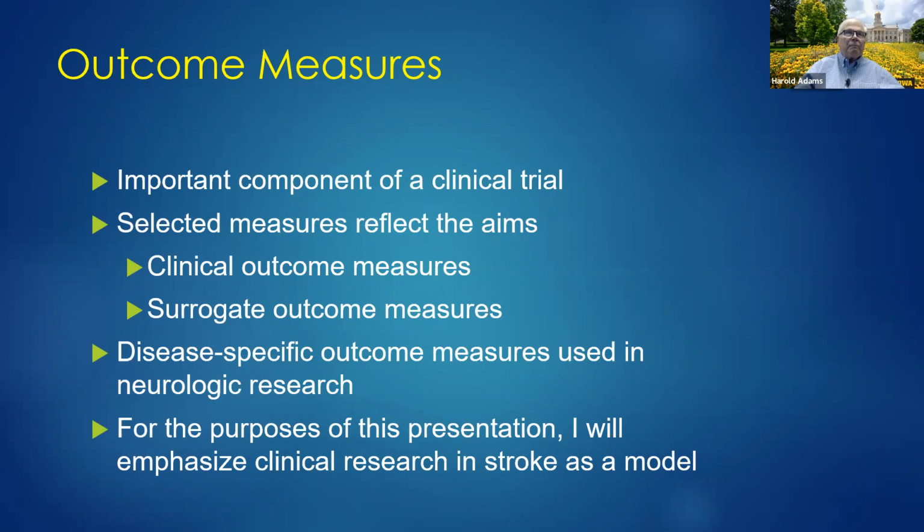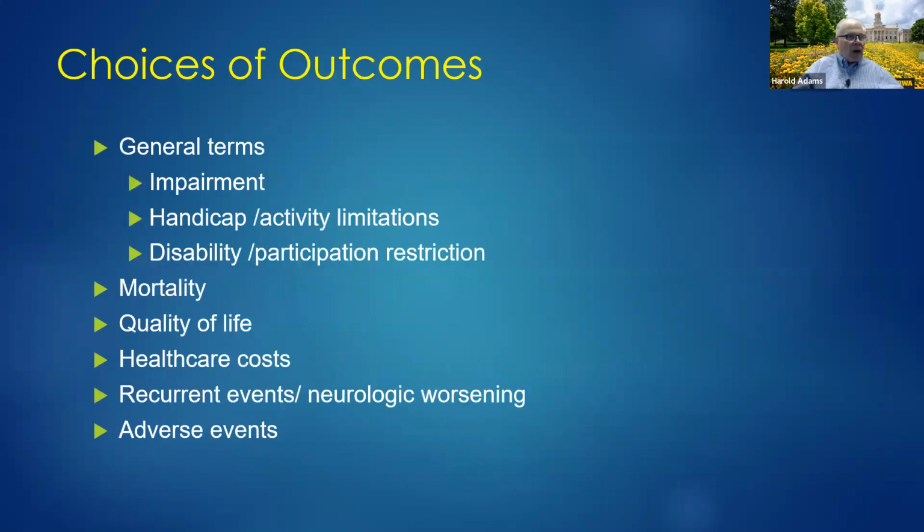Next slide. Now, there are terms or qualities of outcomes that can be used in any clinical research study in neurology. The terms are impairment, or the degree of neurological abnormalities found on examination; handicap, how the neurological impairments limit the patient's activities; and disability or participation restriction, which is how the patient's role in society is impacted.